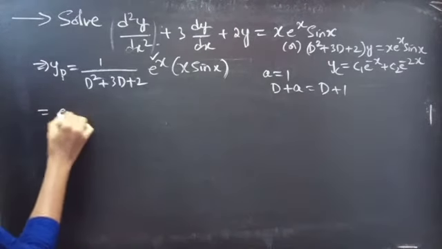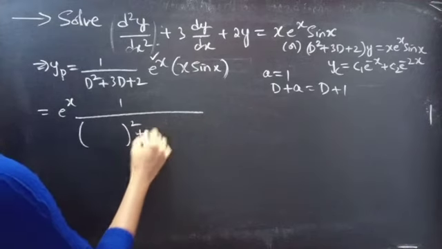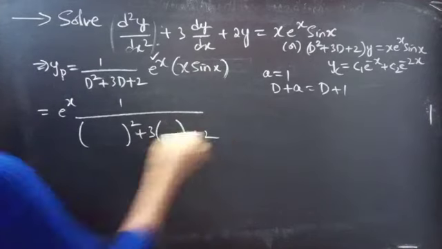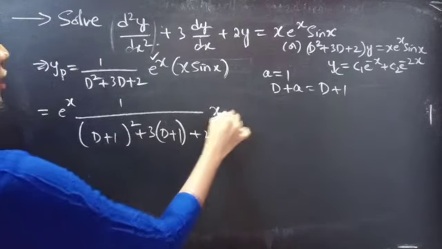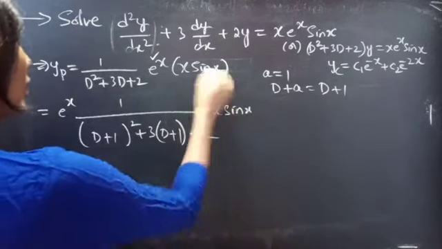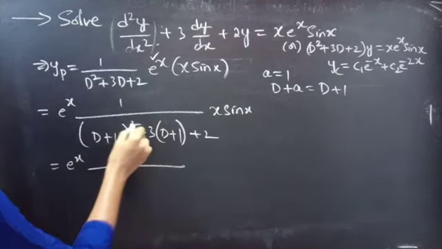This is equals to e power x into 1 by, replace D with D plus 1, into x sin x, is equals to e power x into 1 by expand D plus 1 whole square.